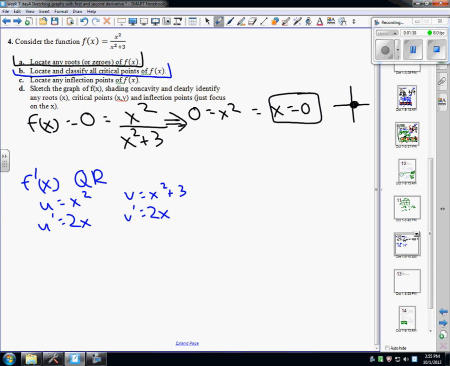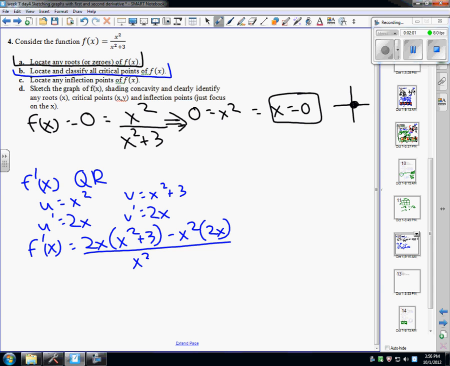So I'm going to have f prime of x equals 2x times x squared plus 3 minus, you guys are probably right, I'll do it in your order: u prime v minus u v prime all over v squared.